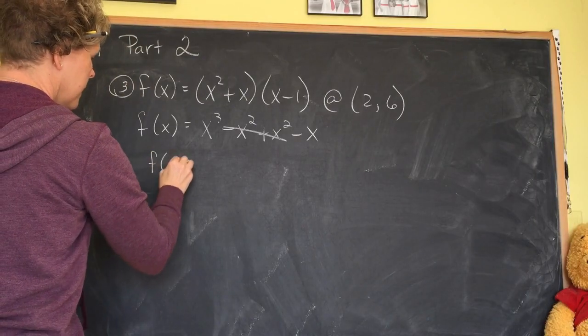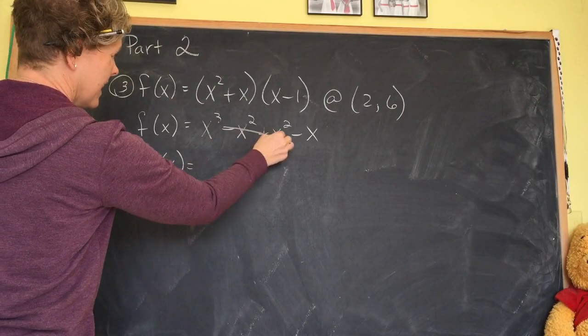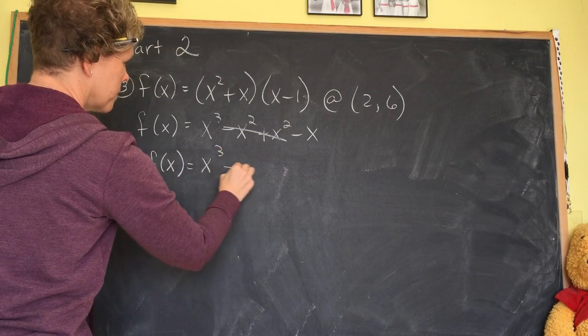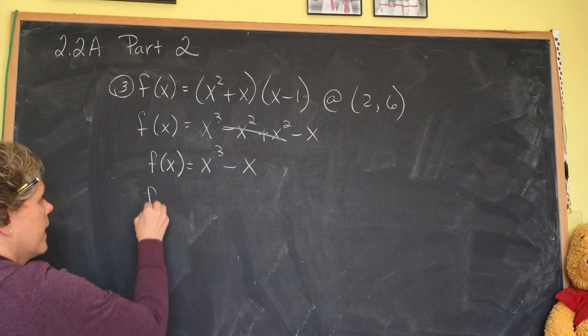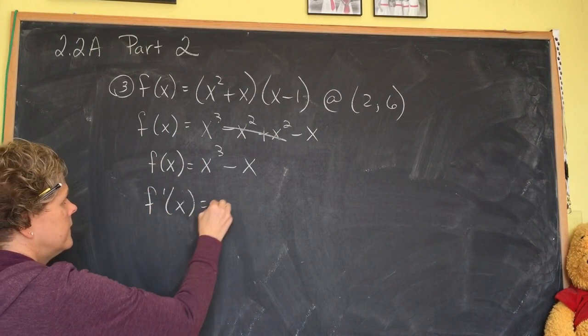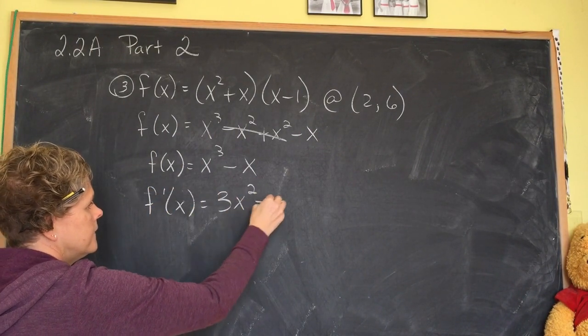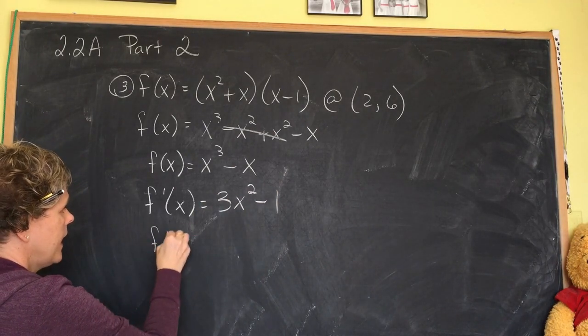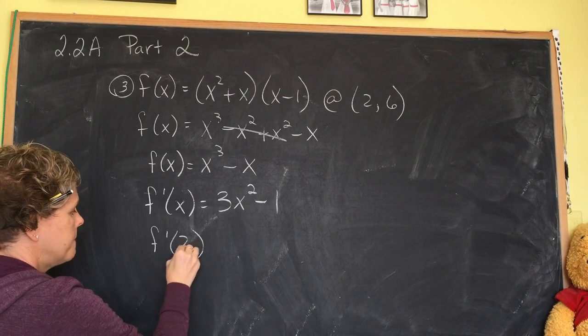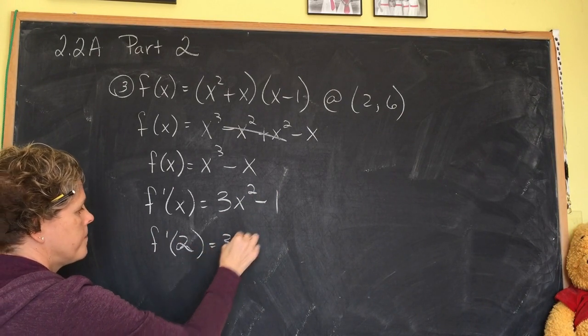If I clean this up, that canceled right there, so I really just have x cubed minus x. All right, that's a little bit better. Now let's take the derivative of that. So there's my derivative, but I want it at 2 because I need the slope.